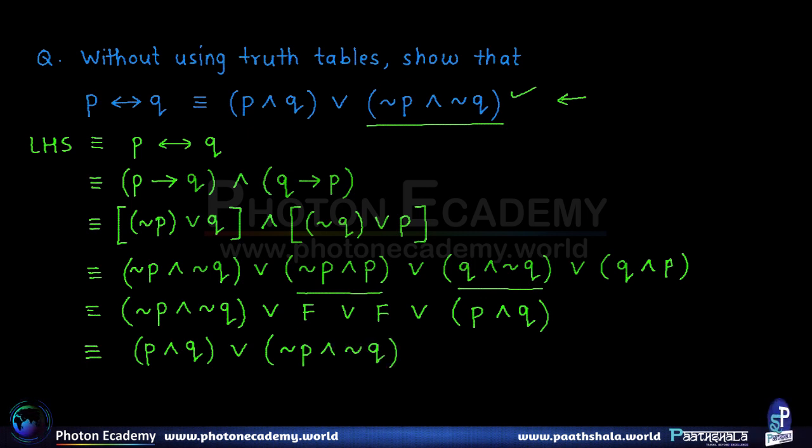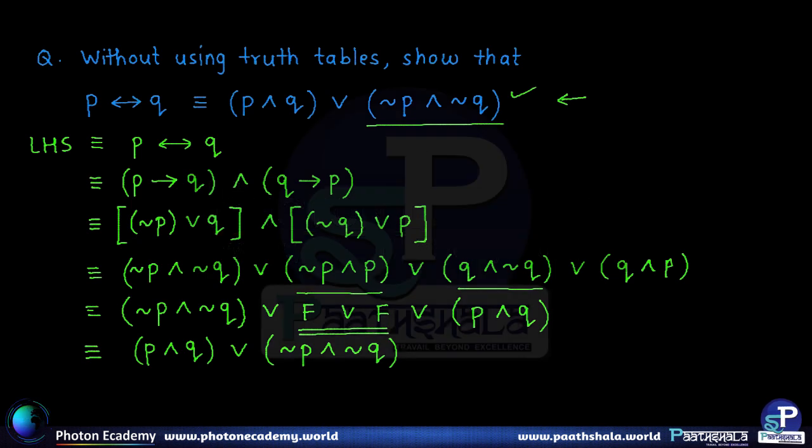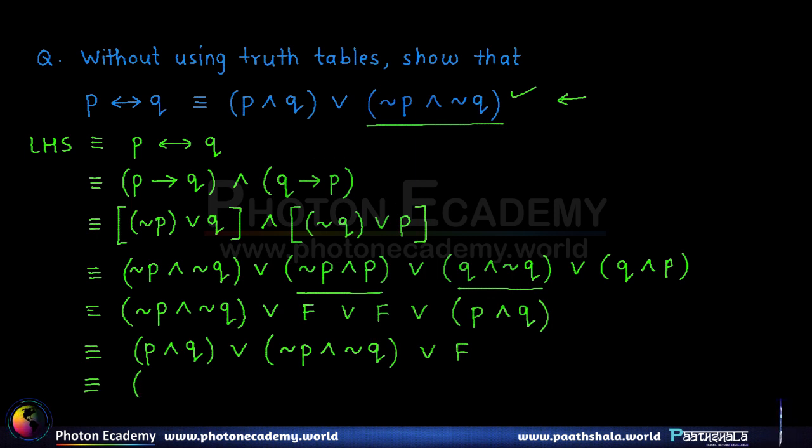Okay. Now if we merge false or false, we know that false or false is nothing but false only, and hence when you consider this particular big expression, which is RHS or the false, that gives us the existing first expression only.